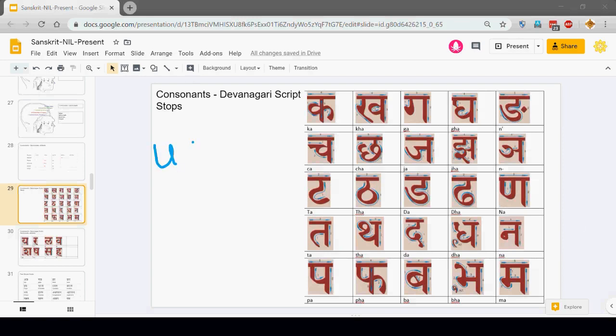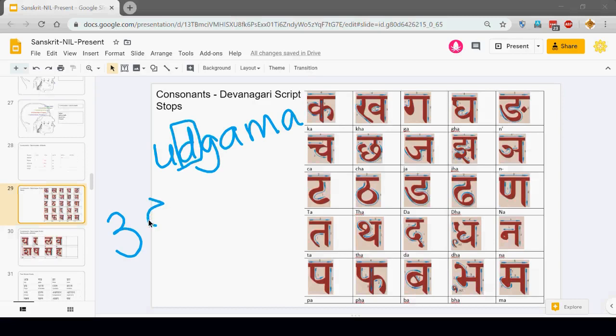So Udgama in English again I write like this. Udgama. So U is like this, and now see here just the half part, that is a consonant part. So it can be written like this, and there is a g after that. So there are various ways to write it.